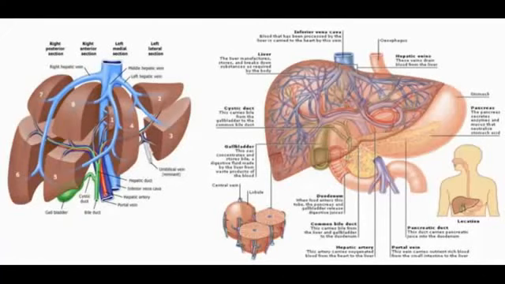It also produces albumin, the main protein which supports the osmotic homeostasis in our blood serum, and synthesizes angiotensin, the main substance which regulates our blood pressure. So these are the main functions of the liver. As I told you, there are more than 500.